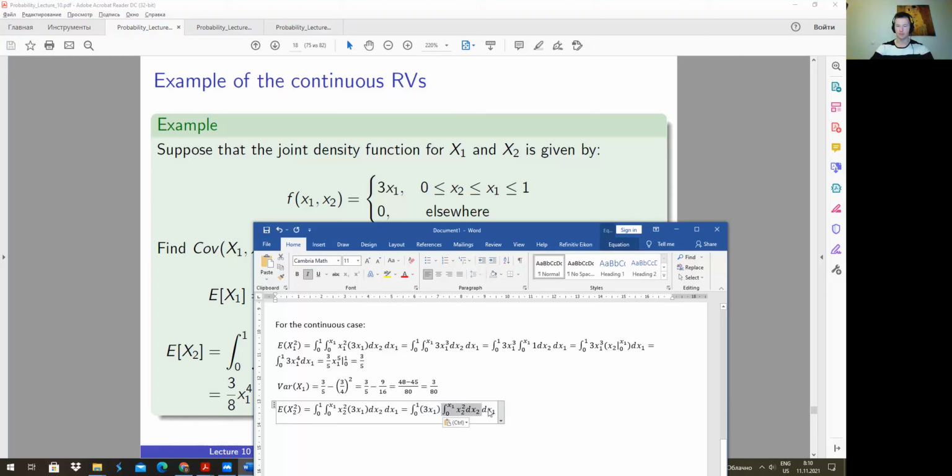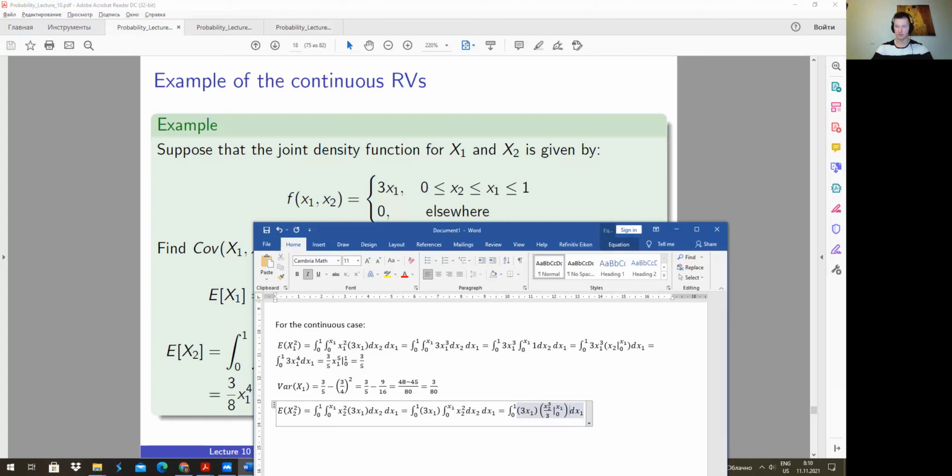The integral of x2 squared is x cubed over 3. So it's x2 cubed over 3, evaluated from 0 to x1.